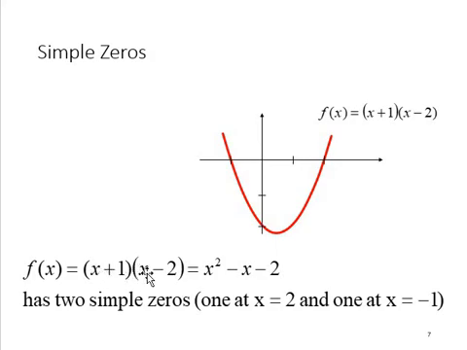Take note, if we expand this bracket, we will get the coefficient of x squared to be positive. Hence, the curve will be cup shaped. It will be opening upwards like this.